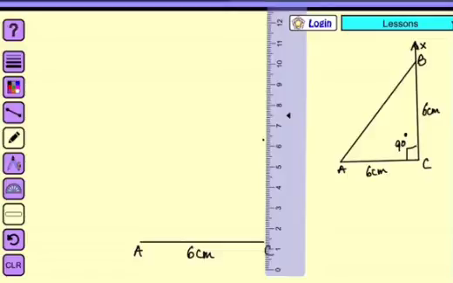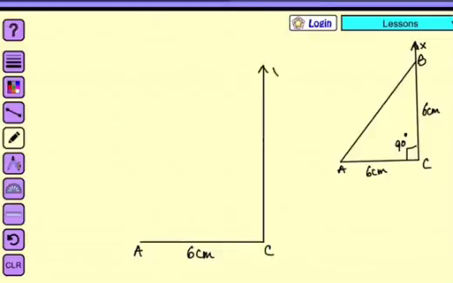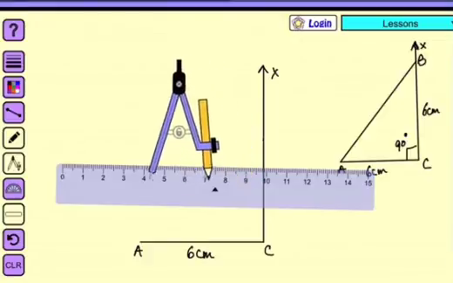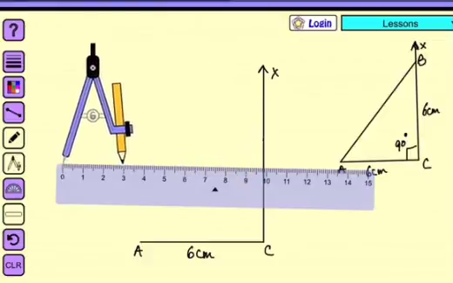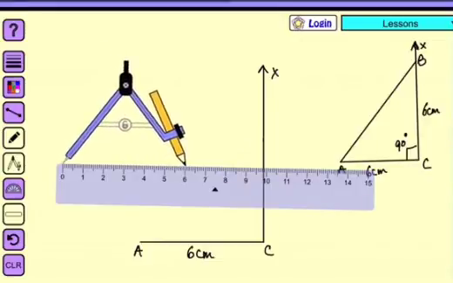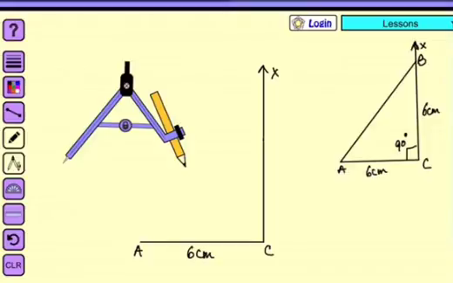We'll try to join these 2 points. CX perpendicular to CA. Now for the next step, with C as center, draw an arc of radius 6 centimeter to intersect CX at B. We'll take a measurement of 6 centimeters, keeping the pointed tip at 0 and extending the pencil tip till 6 centimeters. I'll just lock it so that we don't change the measurement.